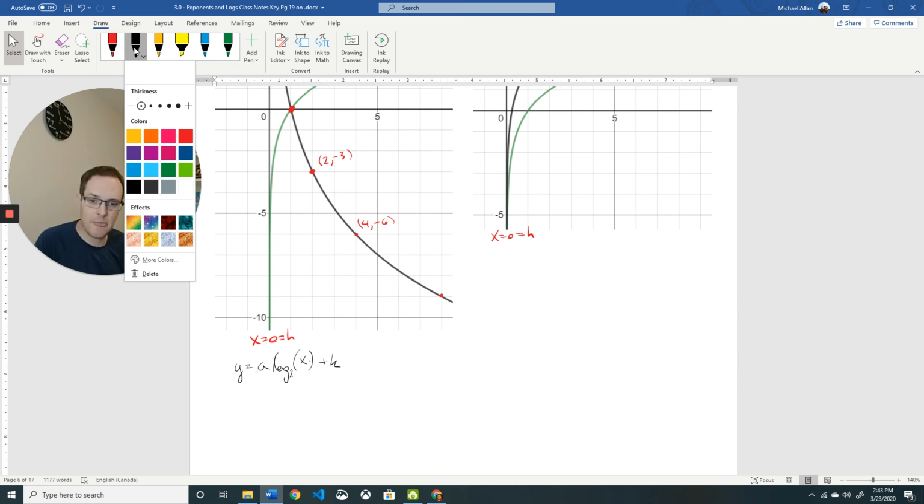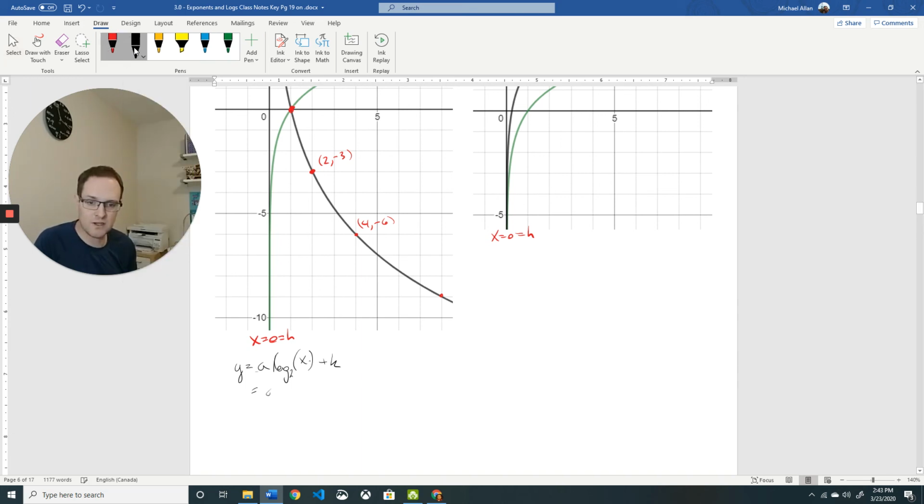So let's see. If I put into the equation, let's just say this first point. This first point is 1, 0. Okay. So if I put a 1 into here, I need to get a 0 out.